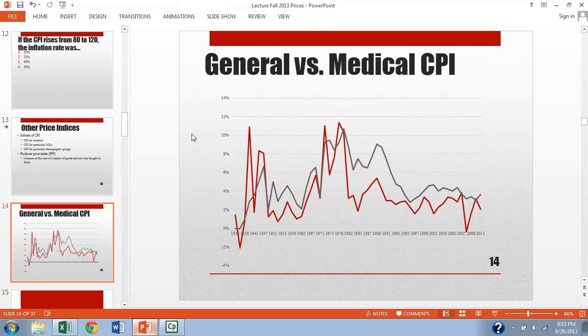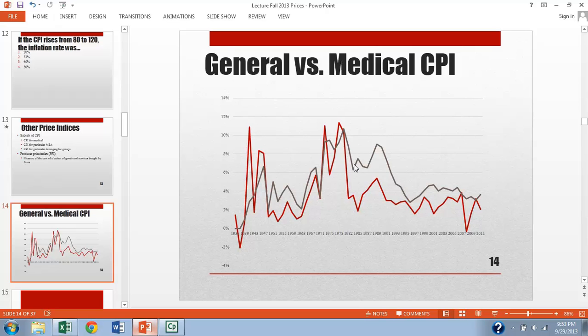So if we actually look at what happens with the price of particular drugs or procedures, we see that the medical CPI, the price of medical goods and services, tracks pretty well with general price inflation. This red line is the rate of inflation for things out there in the economy as a whole. This gray line here is what's going on with medical goods and services.